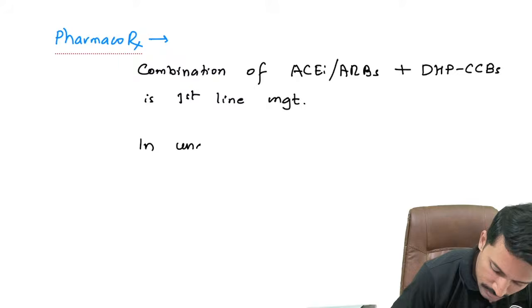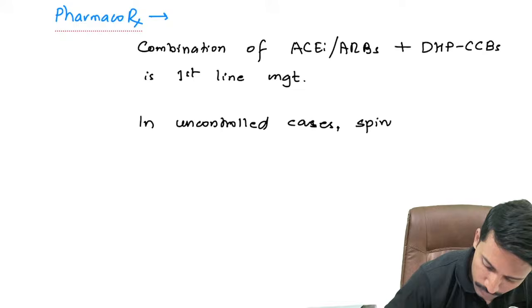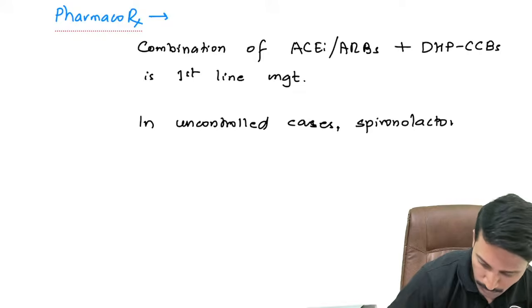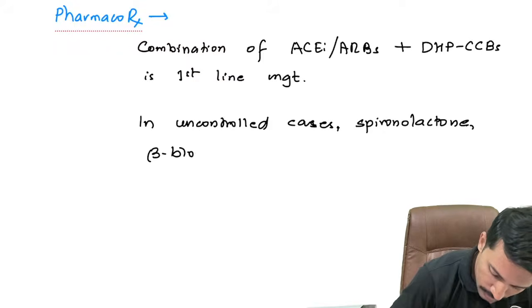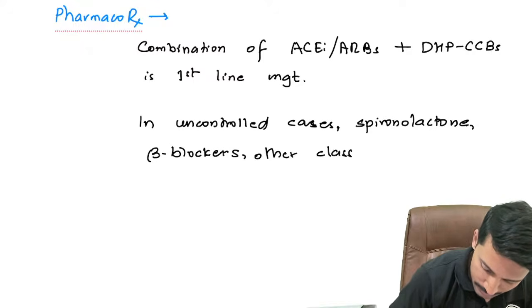In uncontrolled cases, spironolactone, then beta blockers or other classes can be added.